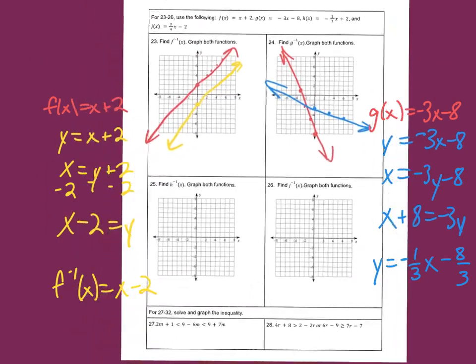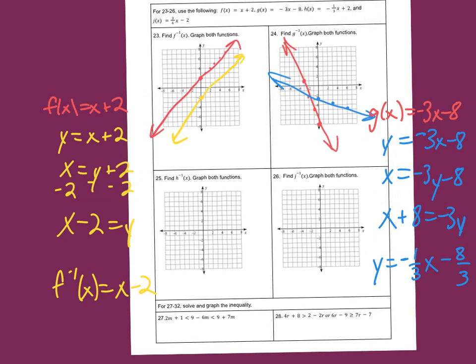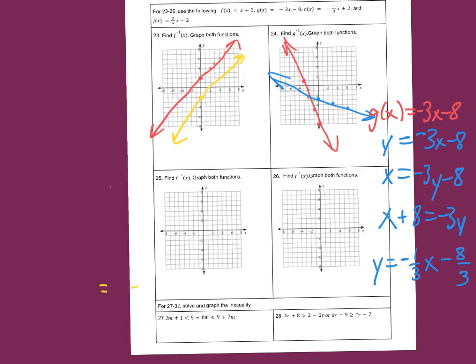Next up, we've got our h inverse of x. So let's erase all this. H of x gives me -1/3 x plus 2. Swap it for a y. Swap x and y. Subtract that 2.